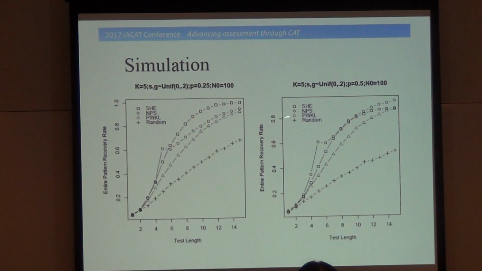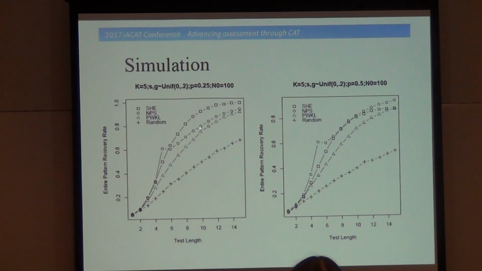So this is the result. This is a less noisy case, and we have 5 attributes in this condition, and the calibration sample is 100, it's median. And we have a random selection as the baseline, and the above 3 lines are the compared methods.